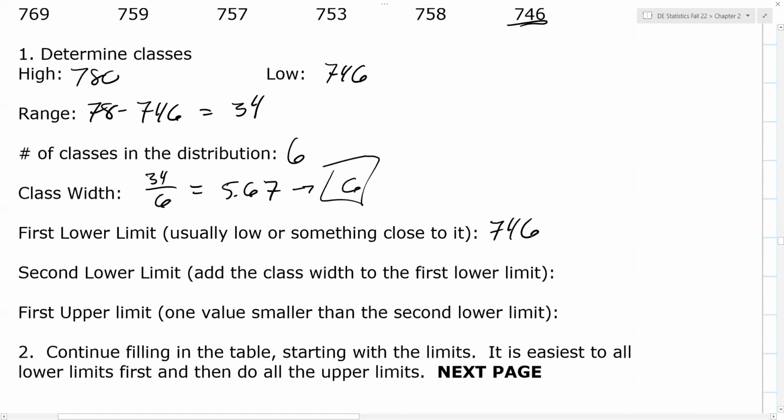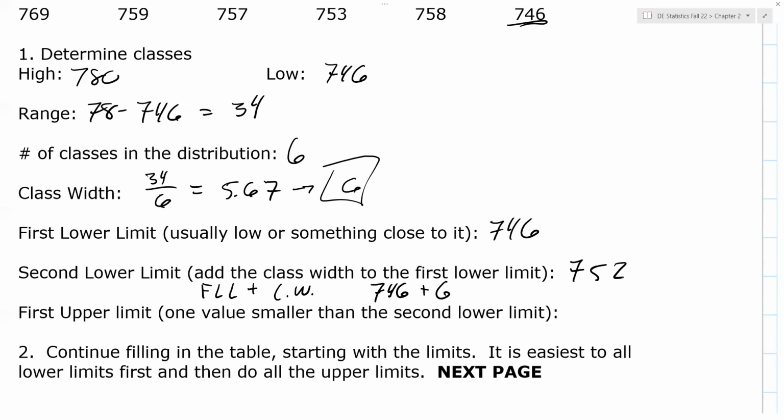To find our second lower limit, we take our first lower limit plus our class width. So that is 746 plus 6, and that gives me my next lower limit as 752. So there's a difference of 6 between my consecutive lower limits.